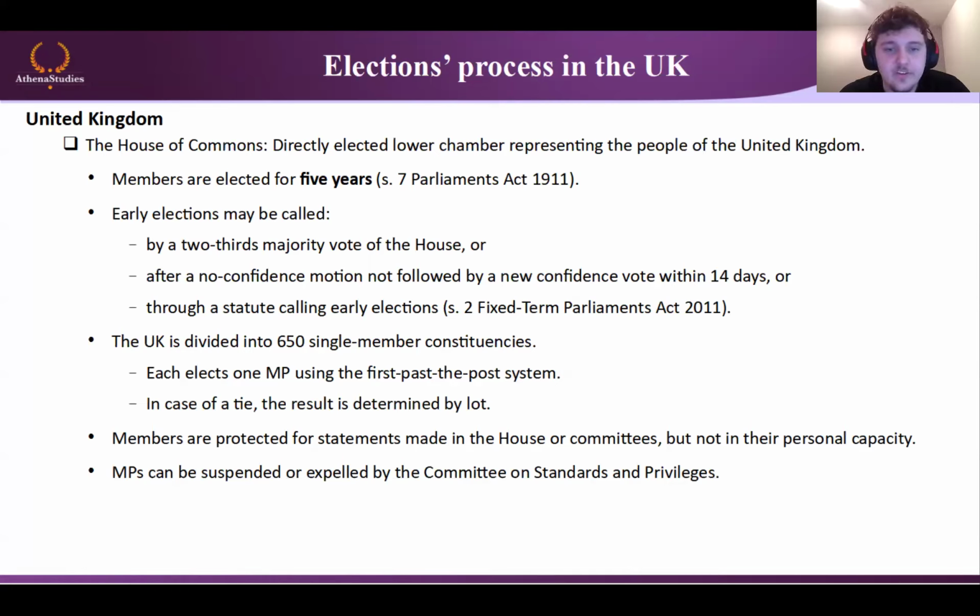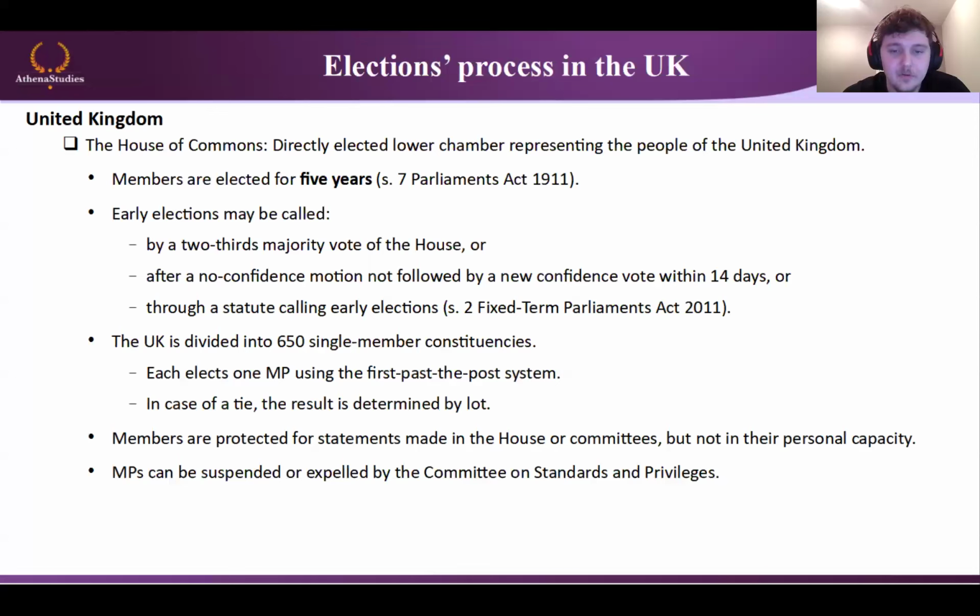The UK is divided into 650 single-member constituencies, where each elects one MP using the first past the post system. We saw it also in Germany and in the US. It's very popular. In case of a tie, the result is determined by lot.